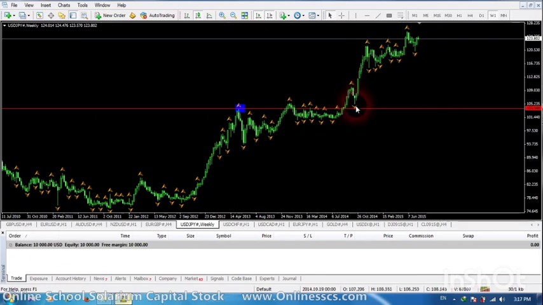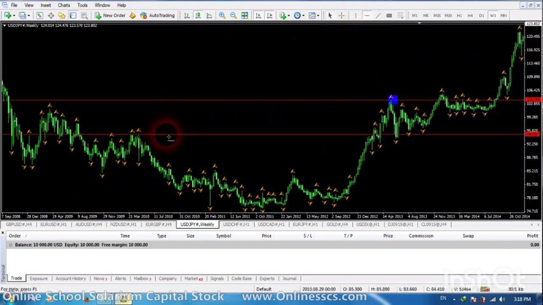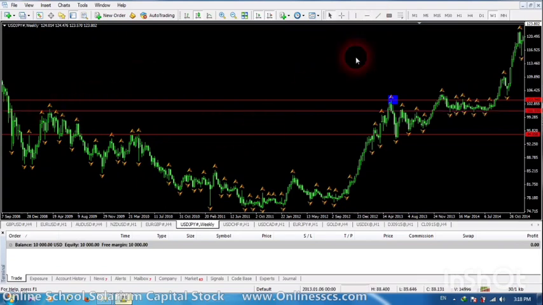When the price has gone up and then it has declined, it has touched this resistance, this swing high, and then it has gone up again. I want to show a better example for you.